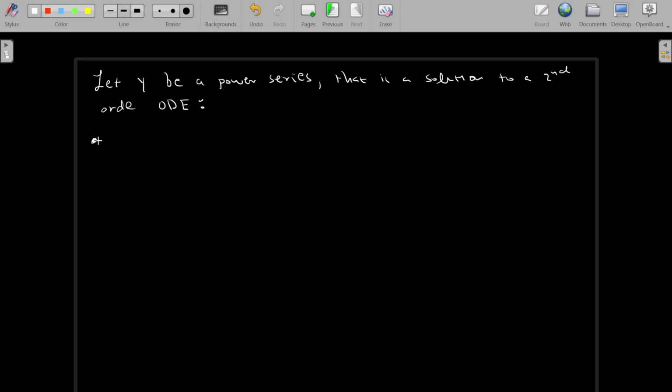Just some theory that we are going to utilize a lot lately. Now, if there isn't any singular points, then y of x will converge everywhere. So from minus infinity to infinity.